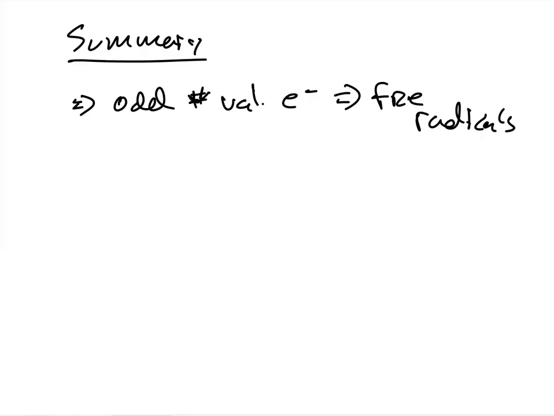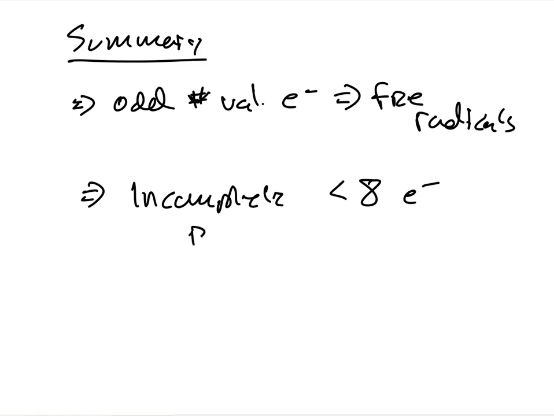Okay, so in summary, we've seen 3 different exceptions to the octet rule. The first one is an odd number of valence electrons, free radical compounds. You simply add up the total number of valence electrons. If it's odd, you've got a free radical, and we know these are dangerous. We saw some interesting health implications there. We saw incomplete octets, where you have less than 8 electrons, and typical examples of these involve boron and beryllium.